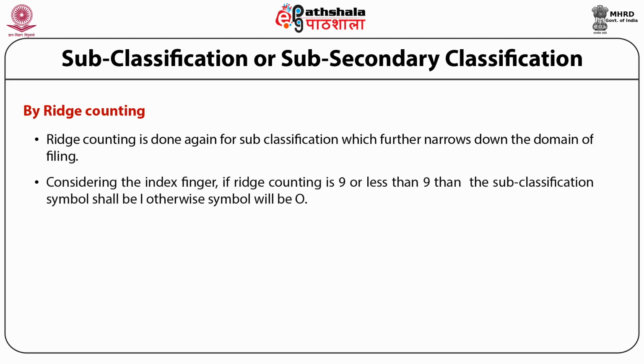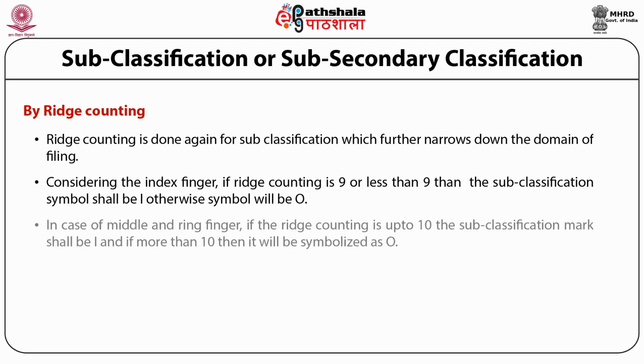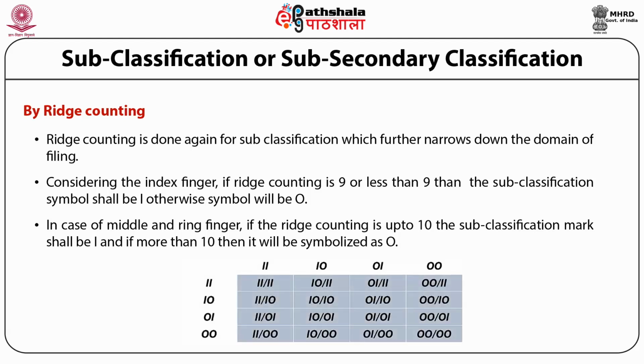Considering the index finger, if ridge counting is 9 or less than 9, then the subclassification symbol shall be denoted as capital I, otherwise the symbol will be denoted as capital O. In the case of middle and ring finger, if the ridge counting is up to 10, the subclassification mark shall be capital I, and if it is more than 10, then it will be symbolized as capital O. The diagram is showing possible 16 arrangements.